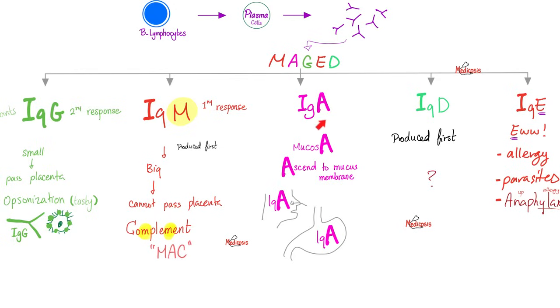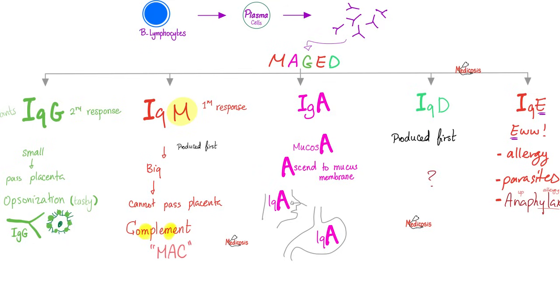Next we have IgA. IgA is in the mucosa. It decided to leave the bloodstream and ascend into your mucous membranes: mouth, nose, eyes, ears, vaginal canal, anal canal, etc. IgD, we don't know the function. It's produced first.